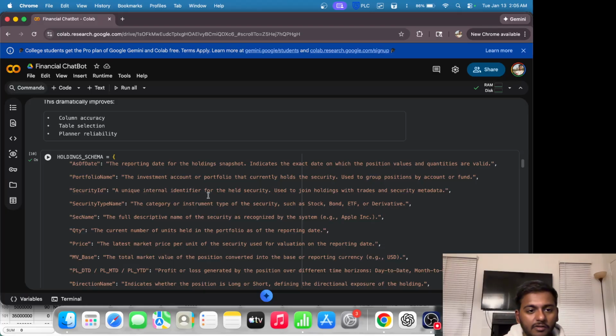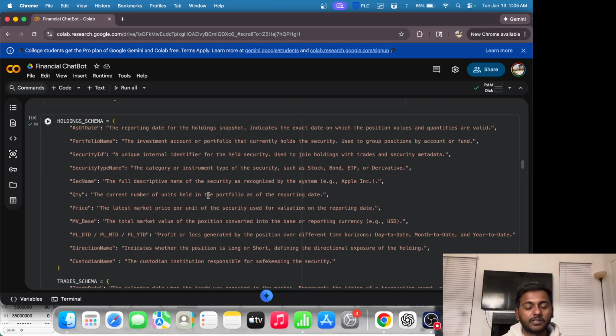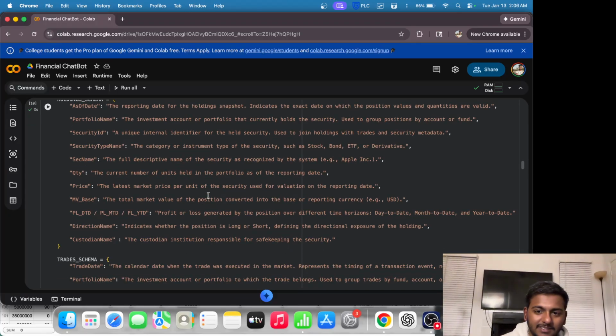defining the schemas, the holdings schema and the trades schema. This is a key design decision here, and it is that the LLM never sees the raw data frame. Instead, it only sees a human readable schema context that I explicitly constructed.